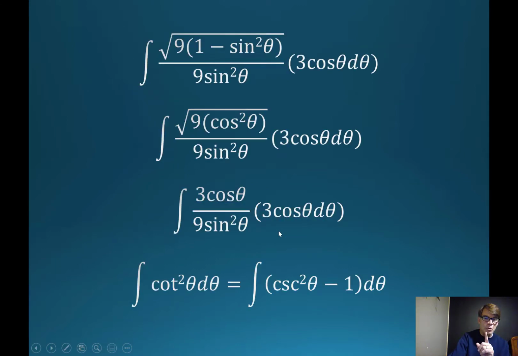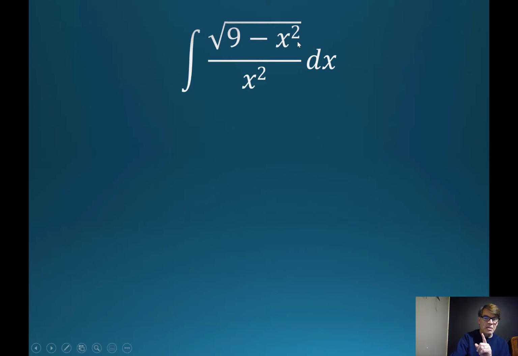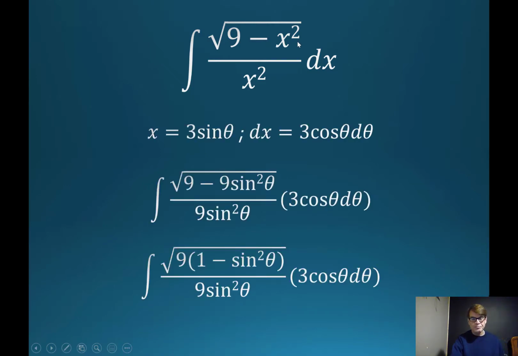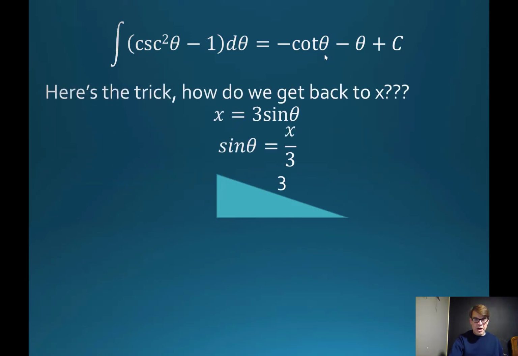Very, very often when you've done all that, you get back to what you started with, square root of 9 minus x squared. When you get to the triangle, a lot of times you're going to end up back with that original thing that you substituted in regard to.